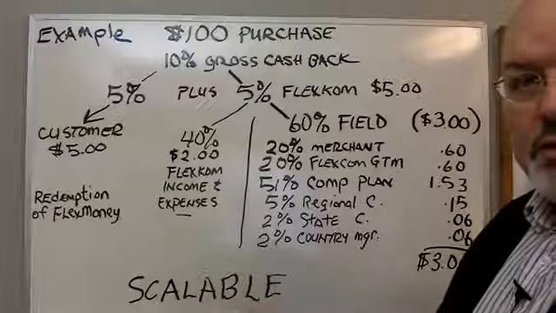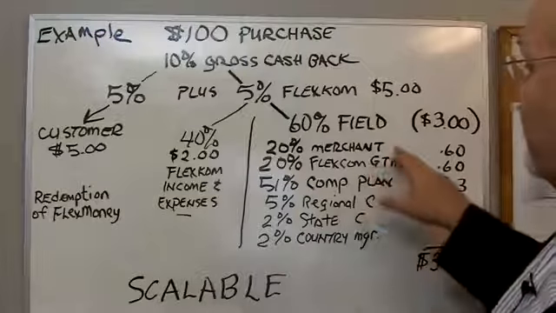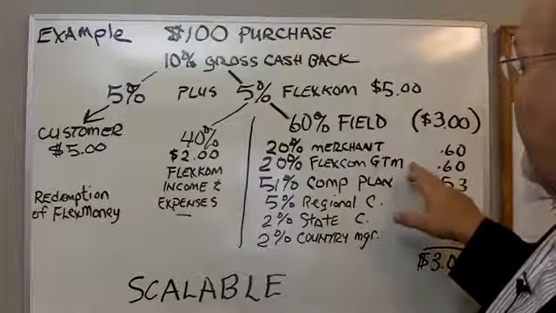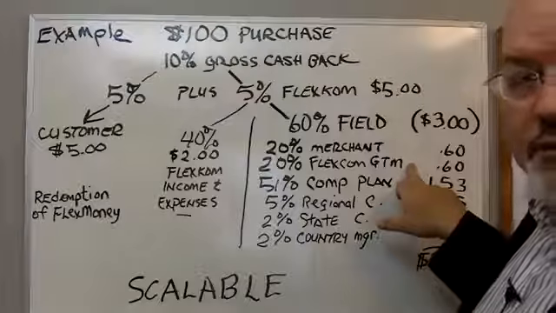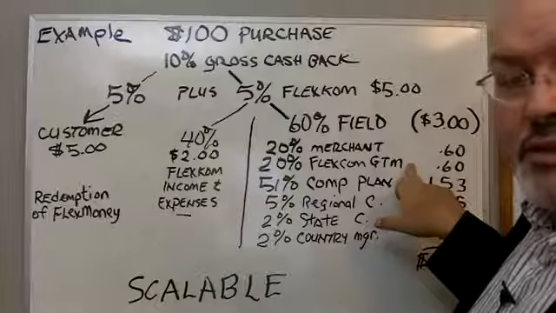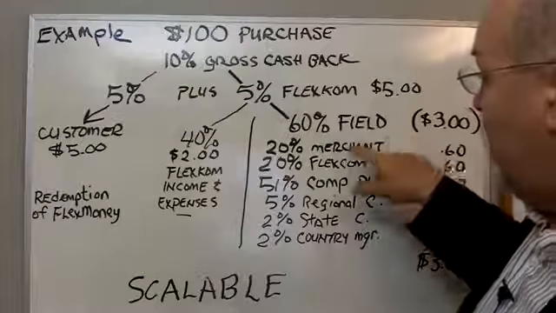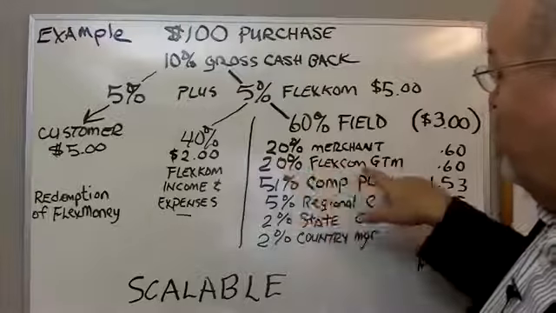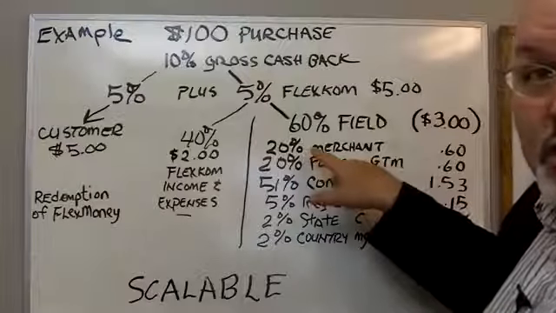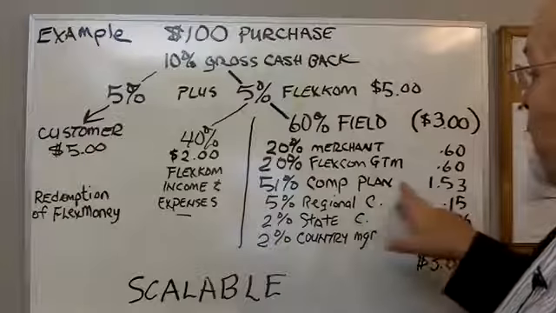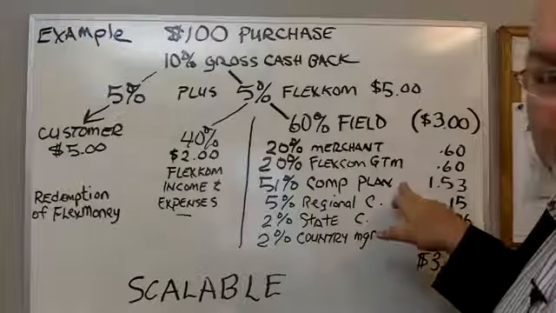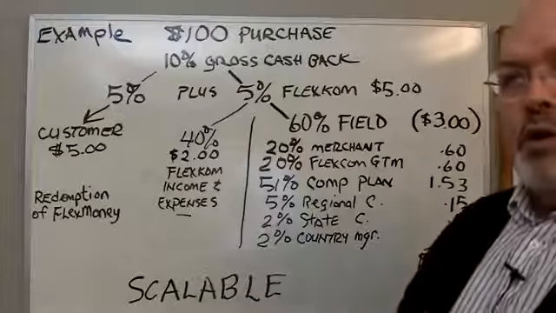Then he gets 20% of those dollars coming back. The next 20% is for the Flexcom Global Team member, because the Flexcom Global Team member is the one who signed up this merchant. So the Flexcom Global Team member makes the same amount that the merchant does, which is pretty wonderful.